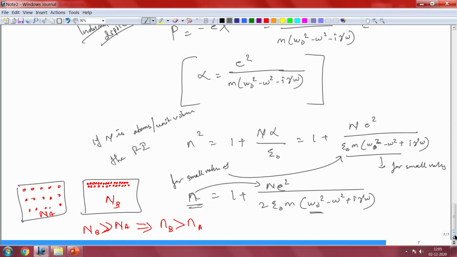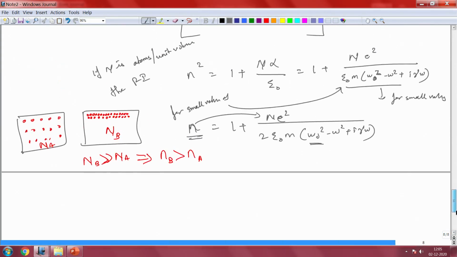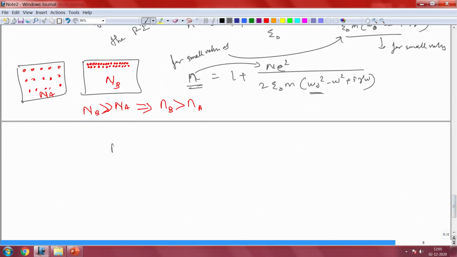So let's look at what should be the refractive index of air. Air at 0 degrees C, the number density, probably a popular number that you all know, per meter cube. And the resonance frequency is 4 pi times 10 to the power of 15 per second. So this is your oscillation.